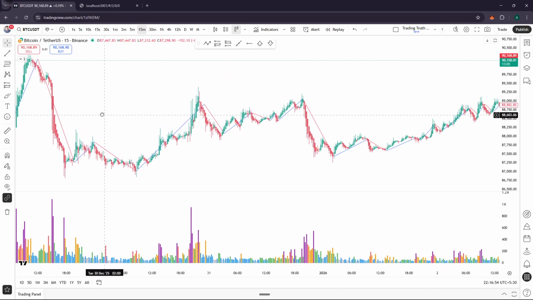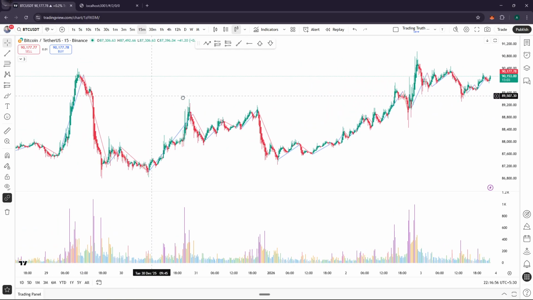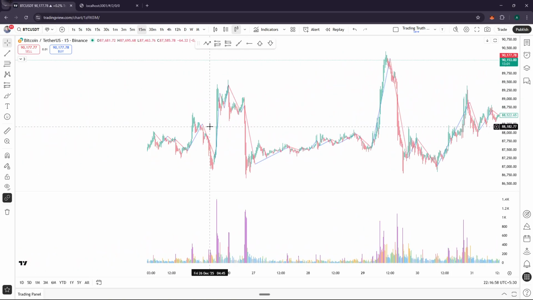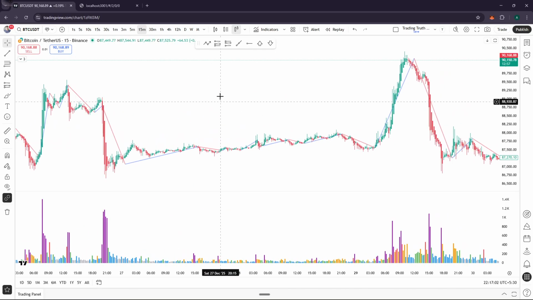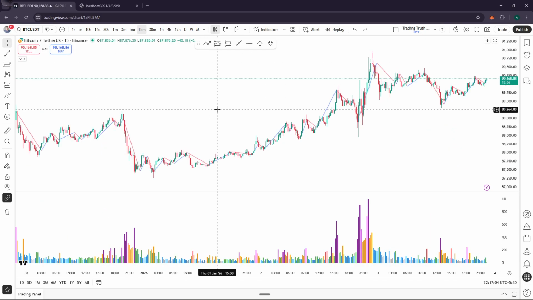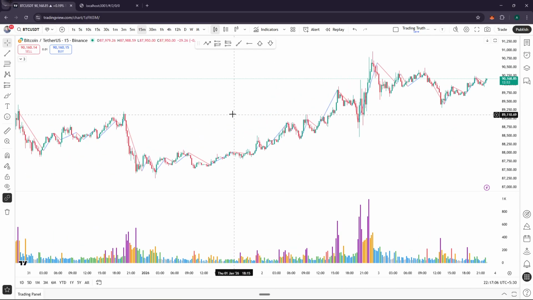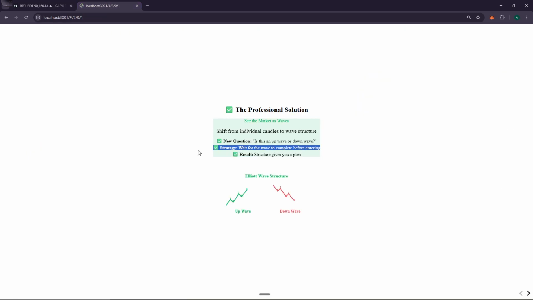This is where things get very clear in your head: instead of looking at individual candles, I'm looking at the candles with the perspective of the waves. So waves have their own mathematical formation.